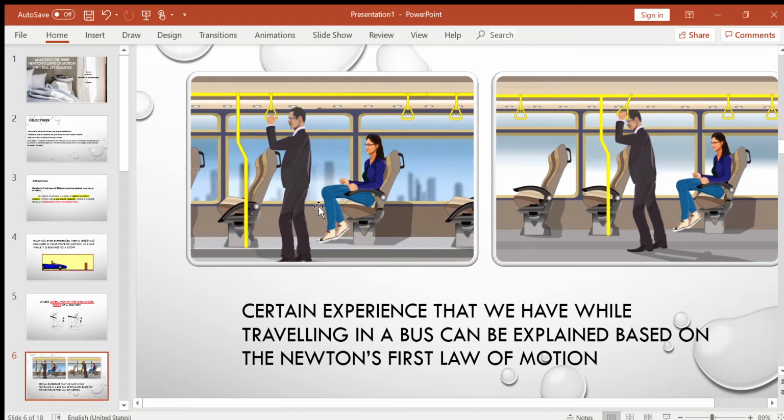So it's one of the applications of the first law of motion. That's the reason we have to hold the hanger tight to prevent falling forward when the bus immediately stops.